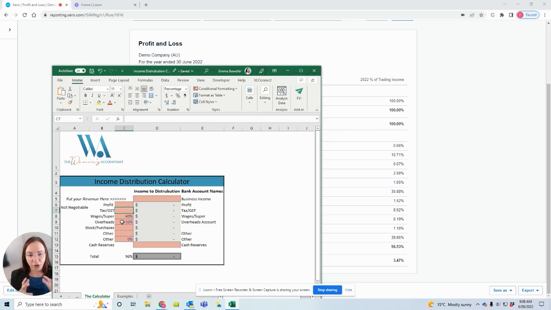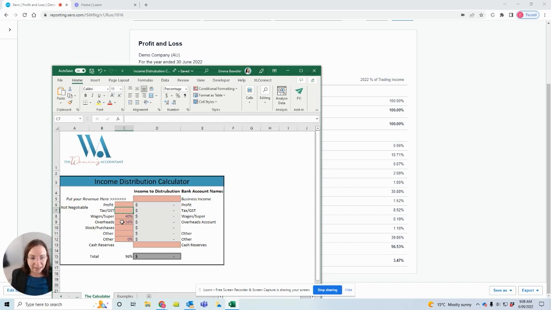So if you can be removing that money from your business bank account and putting it into another account, and if you're not diligent with putting that money away, it might be at a bank that's completely separate from where you do your normal trading. So that could be a way, if it's out of sight, it's out of mind.